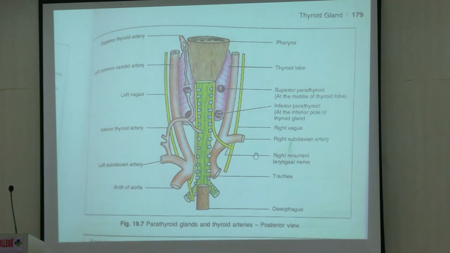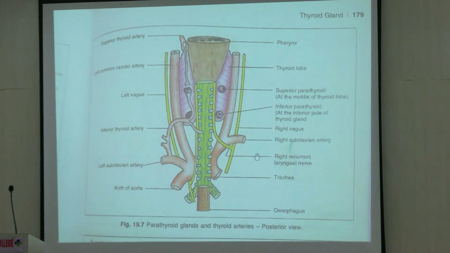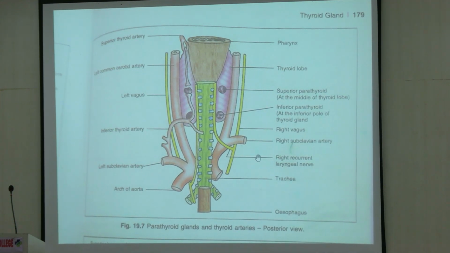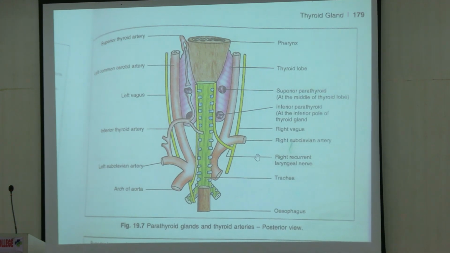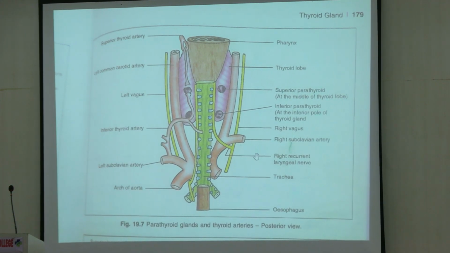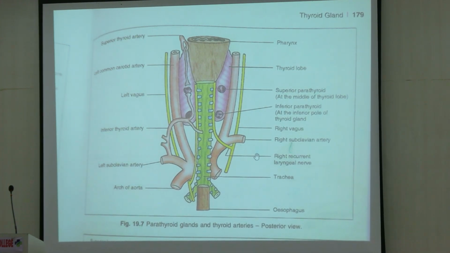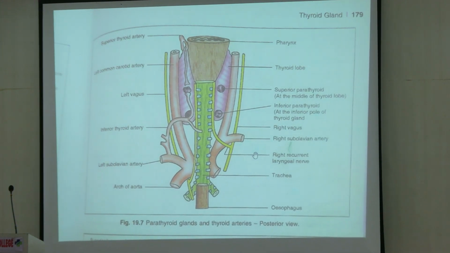Here you are seeing the posterior aspect of the gland. That means the posterior border you are seeing. Along the posterior border you see two arteries are meeting. One is the posterior branch of the superior thyroid artery and another is the ascending branch of the inferior thyroid artery. They are meeting along the posterior margin, right?